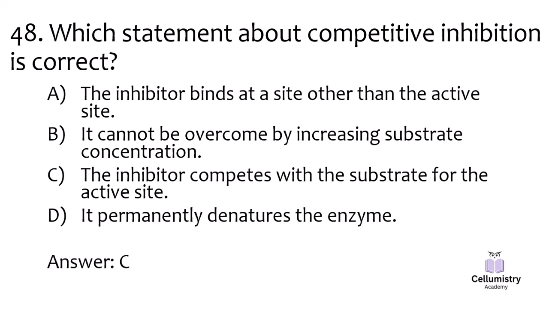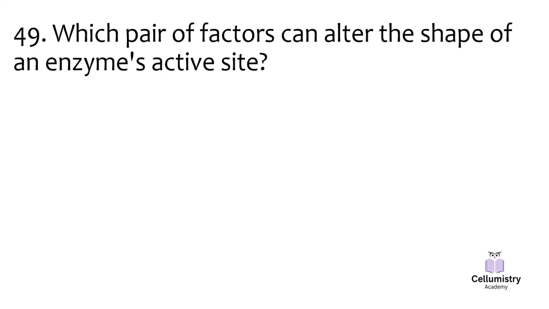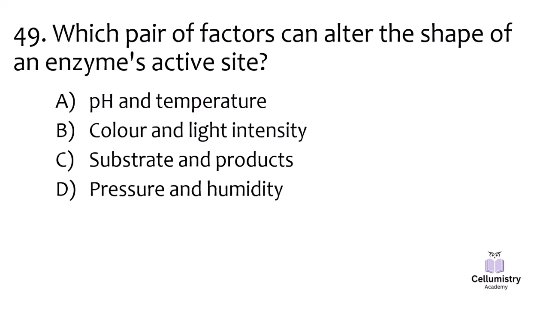Answer is C. The inhibitor competes with the substrate for the active site. Which pair of factors can alter the shape of an enzyme's active site? Answer is A. pH and temperature.